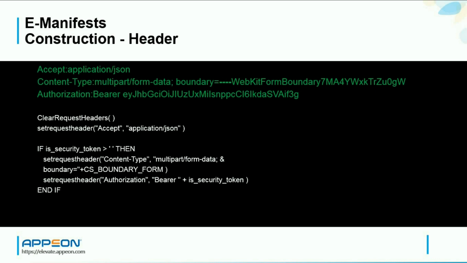Not please accept this message. If the security token has already been passed, we're in the second phase of this, then we can set the request header for the content type and declare what the boundary is going to look like. And then we can set the authorization with the security token.